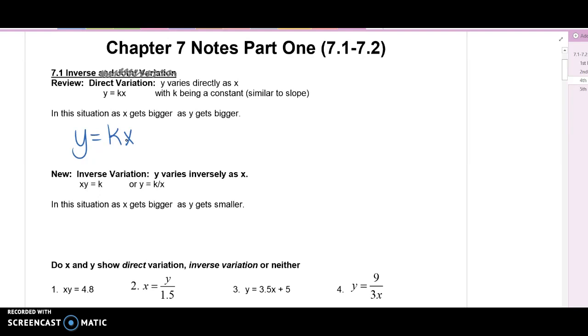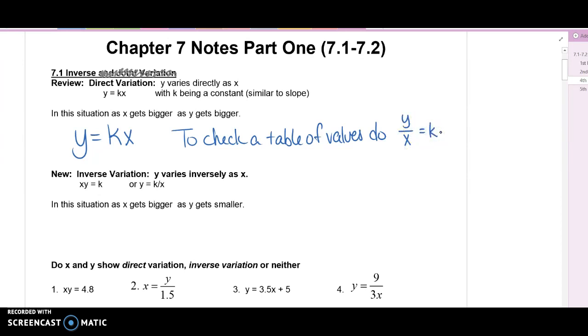K is the constant of variation, and k is a constant number. So k is kind of like the slope. So I'm going to write in here, to check a table of values, do y divided by x equals k.